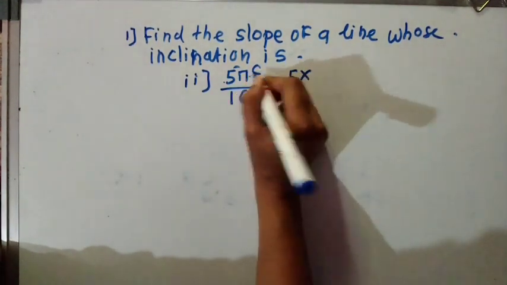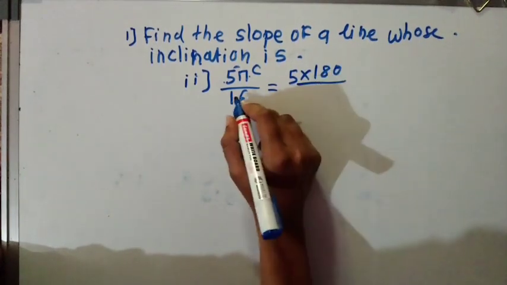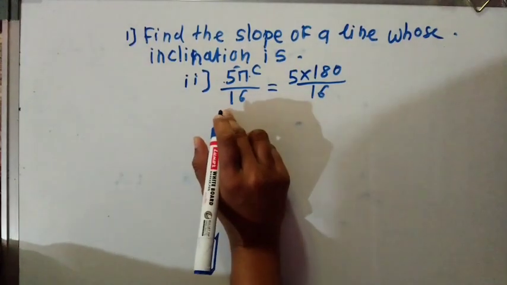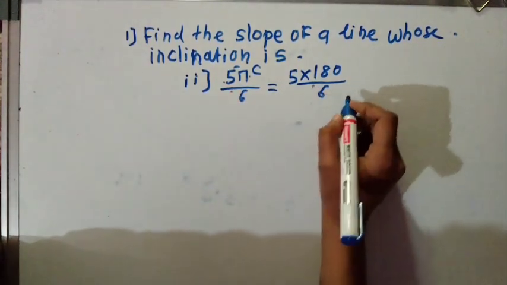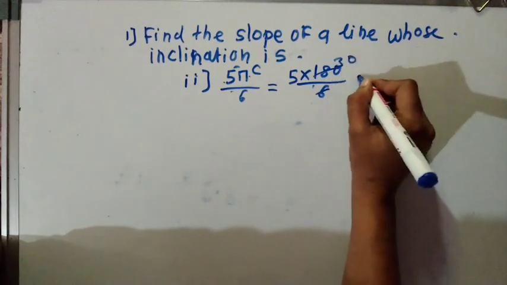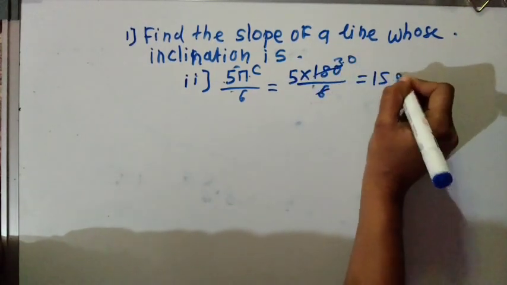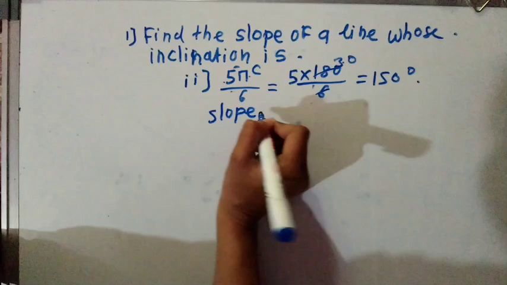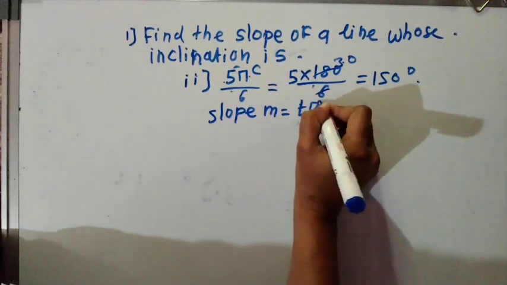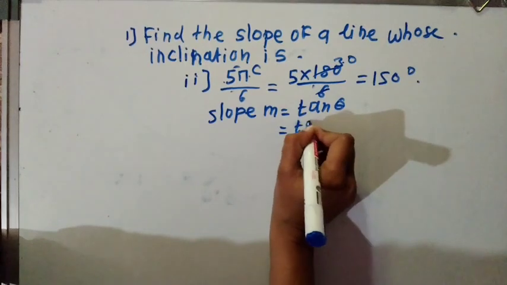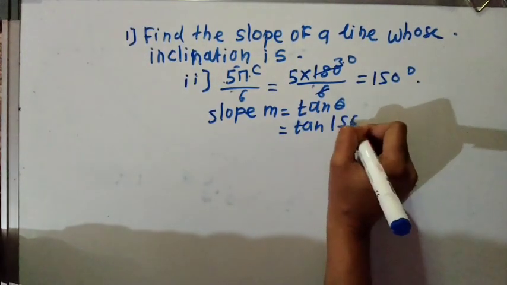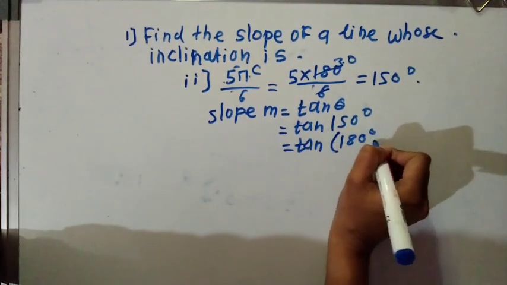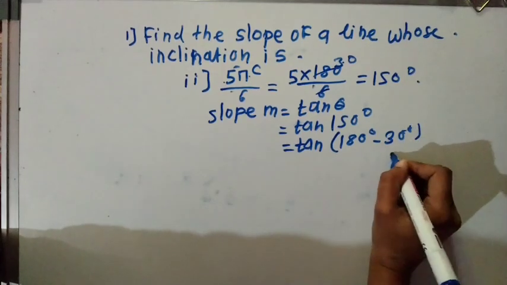Pi means 180, so 5 into 180 upon 6, which gives 150 degrees. The slope m is equal to tan theta, and tan 150 degrees is tan of 180 minus 30 degrees.